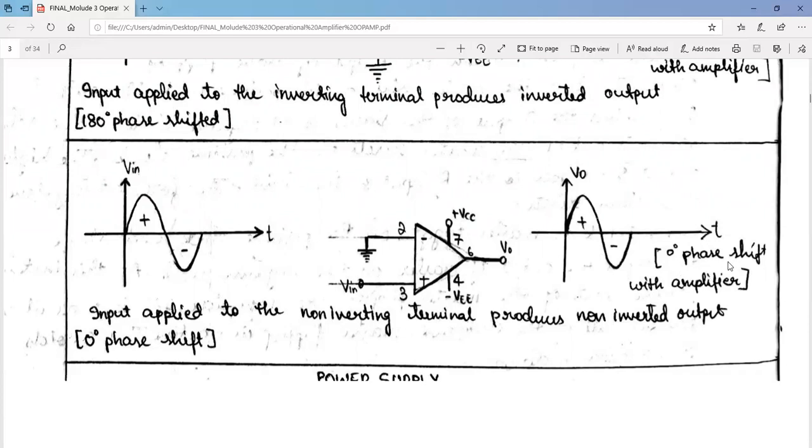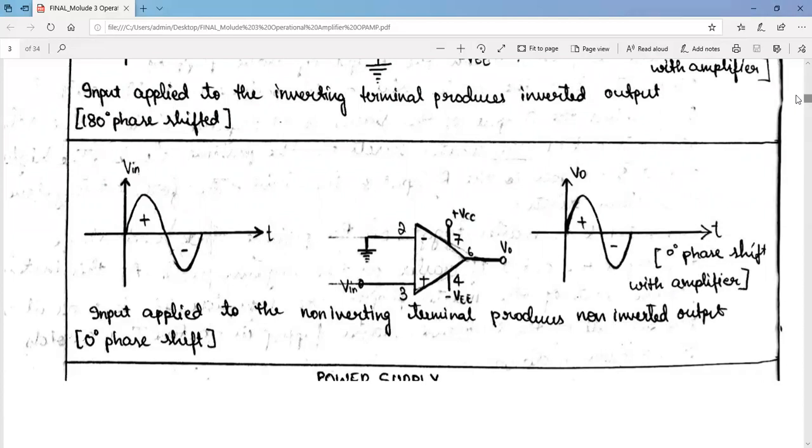That means there is 0-degree phase shift in this amplifier. That is, input applied to the non-inverting terminal produces non-inverted output, so that is 0-degree phase shift.